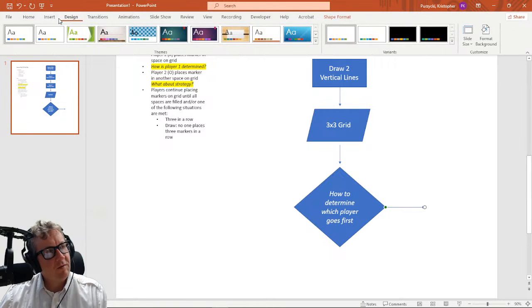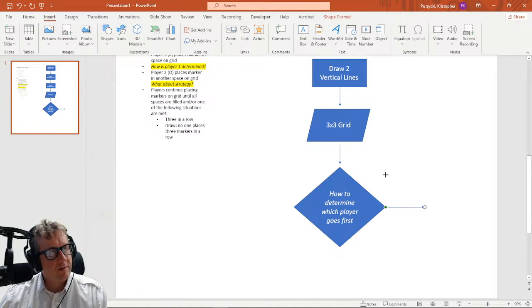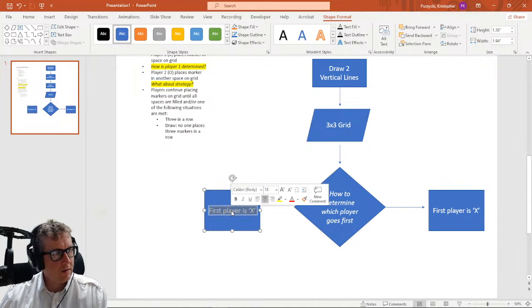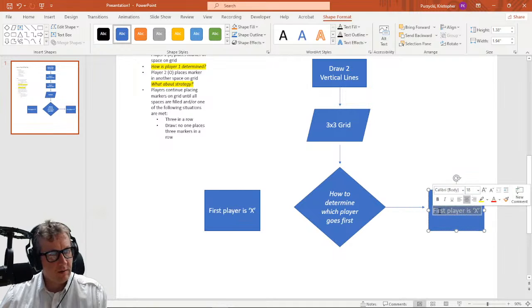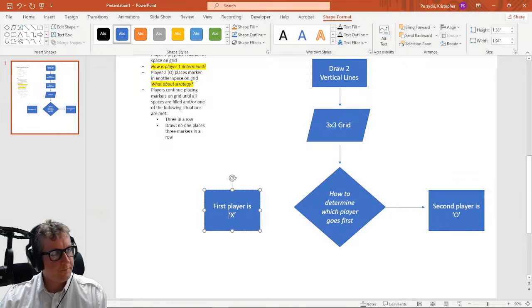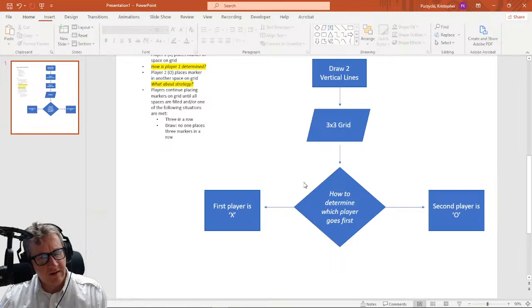We have to determine who goes first, and that's usually X. Right, and this is also where we start to look at this and go, this isn't quite right.